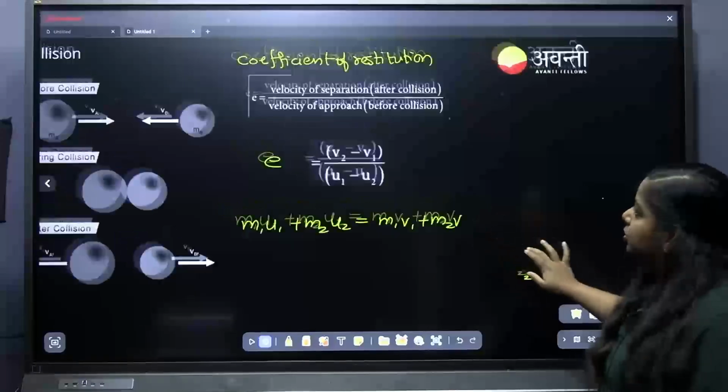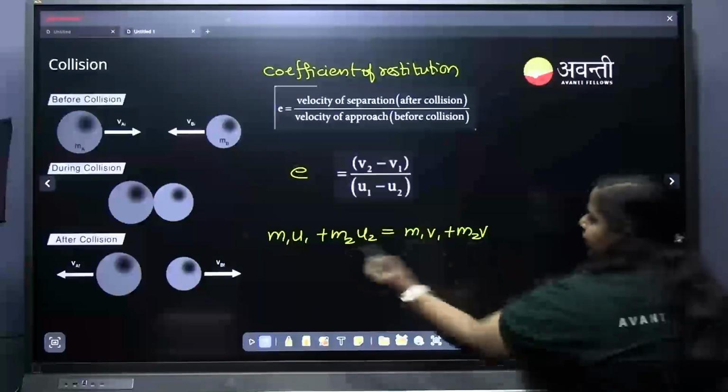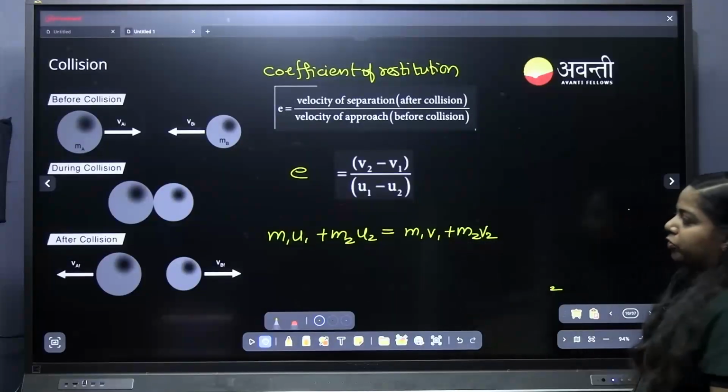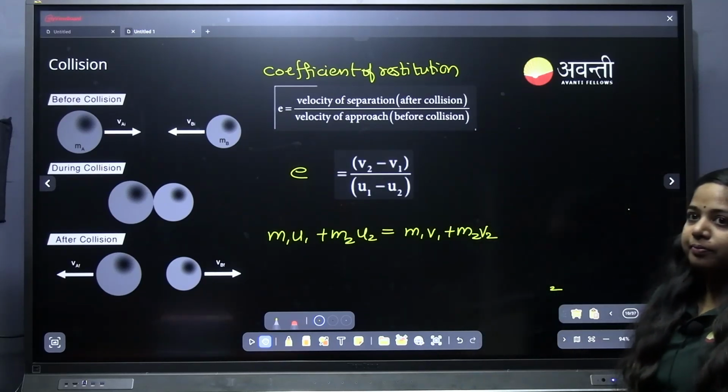So from conservation of momentum we already have this formula, m1 v1 plus m2 v2 equal to m1 u1 plus m2 u2.